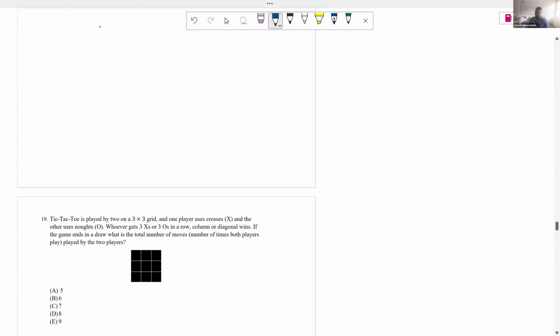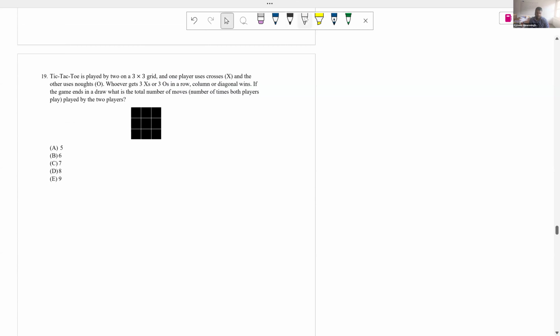Let's move on to question number 19. Okay, you have a tic-tac-toe question. One uses zeros and the other uses crosses, x's and o's. Whoever gets 3 x's or 3 o's in a row, in turns, in a column or a diagonal wins.